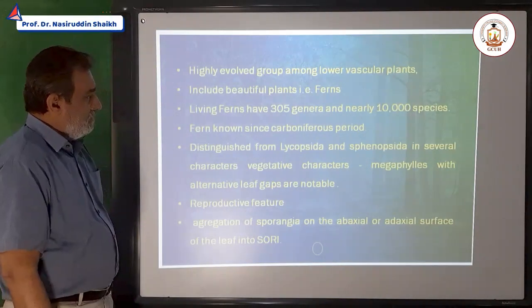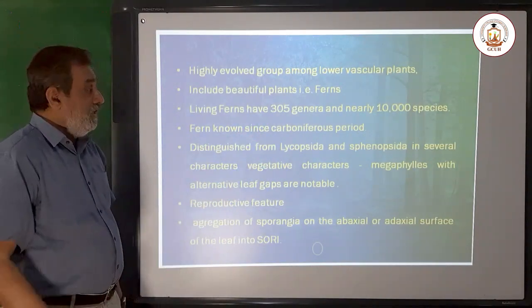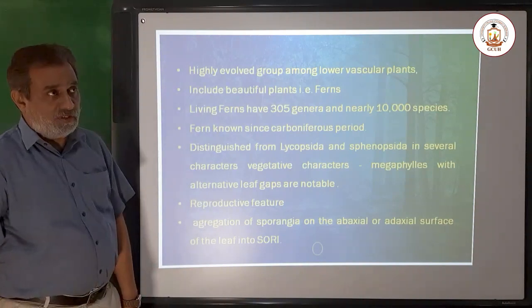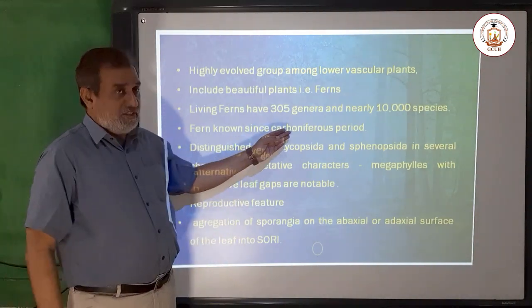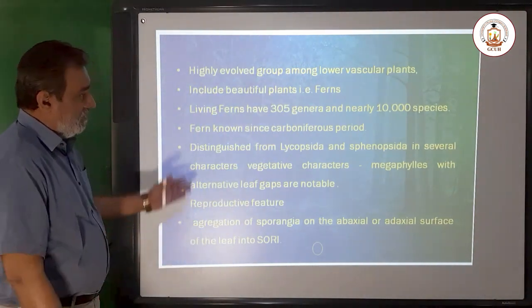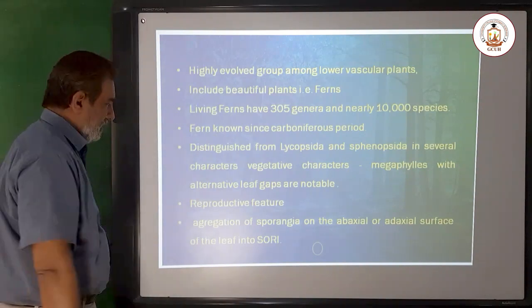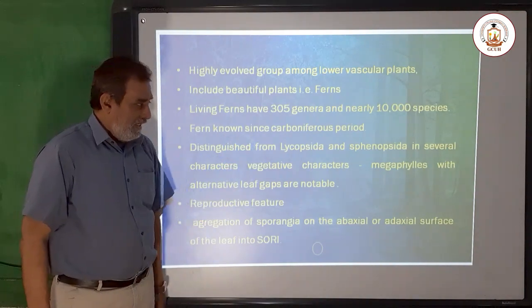Since the Carboniferous period, we discussed the Sphenopsida, which grew luxuriantly and dominated the earth in that period. But this group evolved from that period and is distinguished from the Lycopsida and Sphenopsida in different vegetative characters.